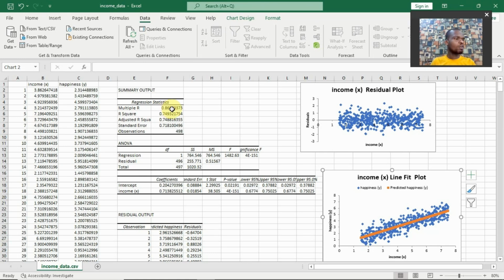So we are having a strong positive correlation coefficient here, which tells us that an increase in the income will reflect an increase in the happiness index. That's what this value means here. So that's the relevance of a strong positive multiple R or correlation coefficient value.